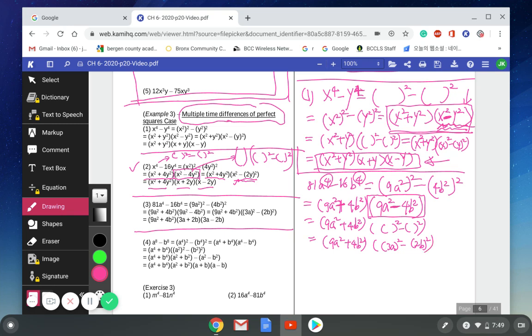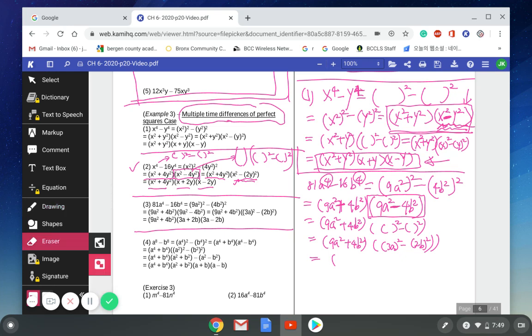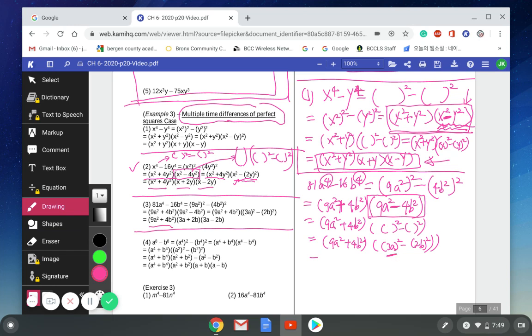So don't make a mistake here. Then you end up with 9a square plus 4b square with first term 3a, second term 2b, so 3a plus 2b and 3a minus 2b, as a factor completely.